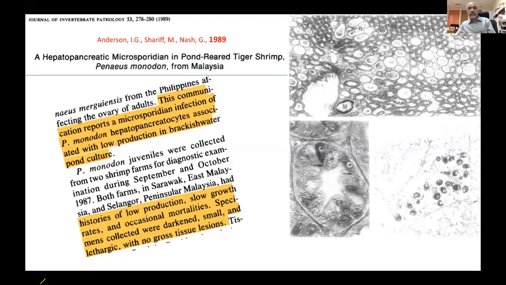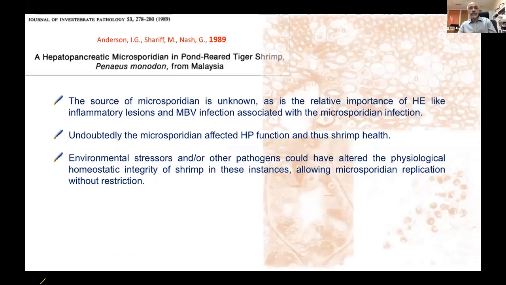We went after the virus and we all looked at one pathogen and we lost that opportunity. Almost every pathology which is described today in vannamei had been reported way back in 1989. They could not identify it as EHP. They said it's a microsporidium, and that microsporidium could be one of the reasons for all this pathology.